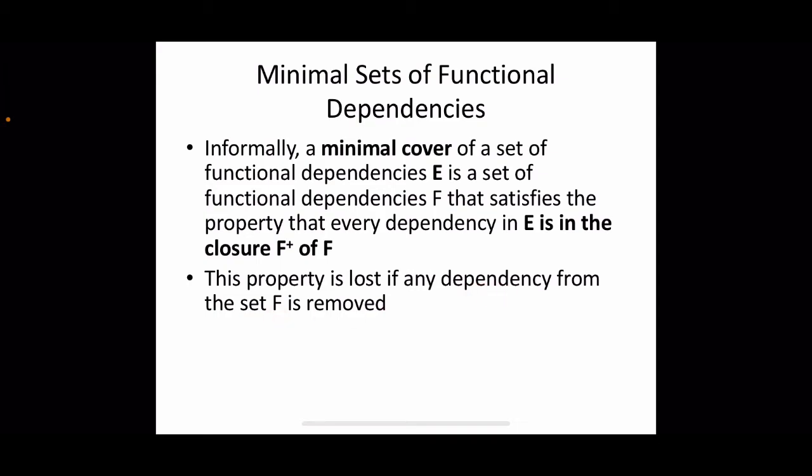That means F should be at the minimal level, but its closure contains all the dependencies in the original set. So if you remove something from this minimal cover, property 1 will not be satisfied. Such a set is called the minimal cover.